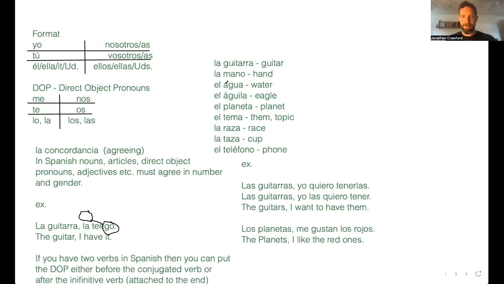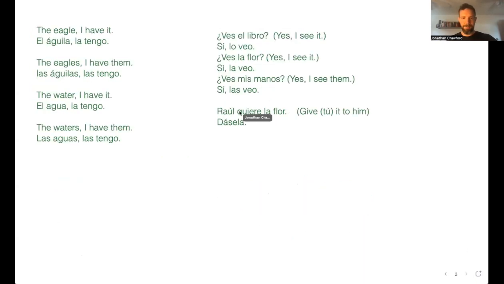In this video, I mainly just wanted to point out that in Spanish, nouns and articles and direct object pronouns and adjectives must agree in number and gender. All right. And so if it's an adjective, for example, let's do one more. We say like la rosa roja, the red rose, right? Or I would say la rosa amarilla.